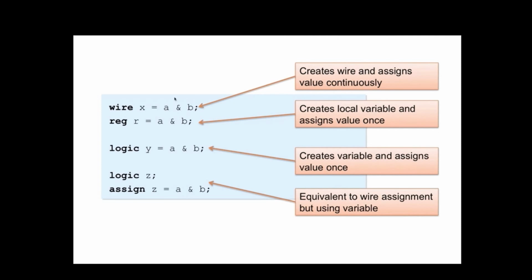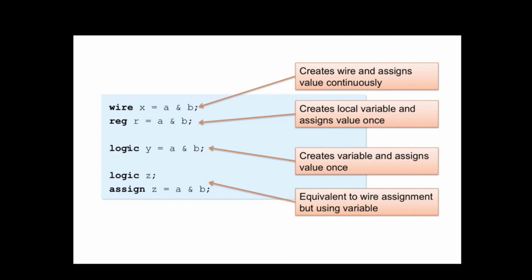So if A changes or B changes, the value of X is updated continuously, as opposed to the reg, where the value of A and B would only be assigned at initialization time. After that, it would be whatever the next assignment was.